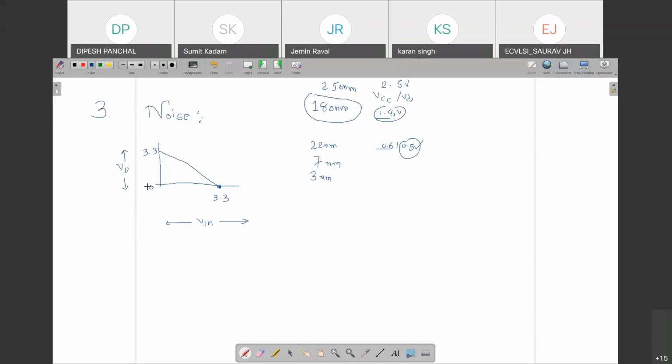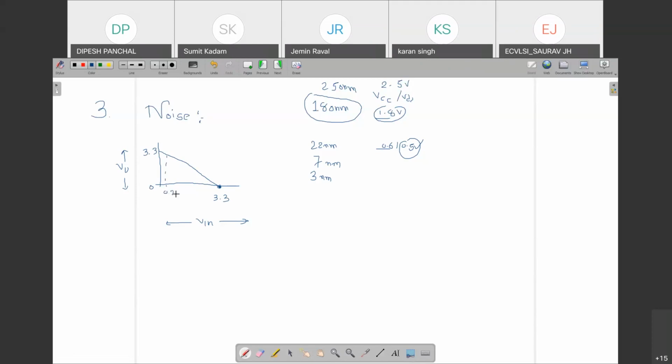And now I am totally discussing the digital circuit because 80% of my IC is digital. So this is purely our NOT gate. If we apply 0, output is 3.3. Let me put a few more numbers.